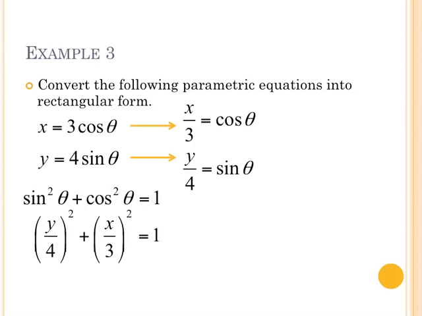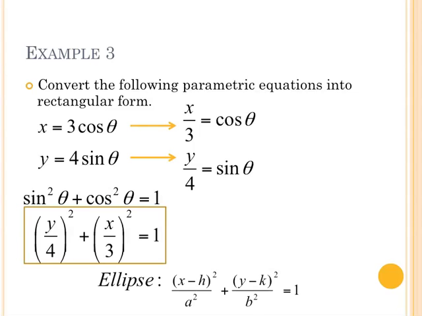Now, what does this graph look like? This you might have to kind of dig back into your Algebra 2 knowledge, where you did some work with some ellipses maybe. So just as a reminder, an ellipse is of the form x minus h squared over a squared plus y minus k squared all over b squared equals 1.